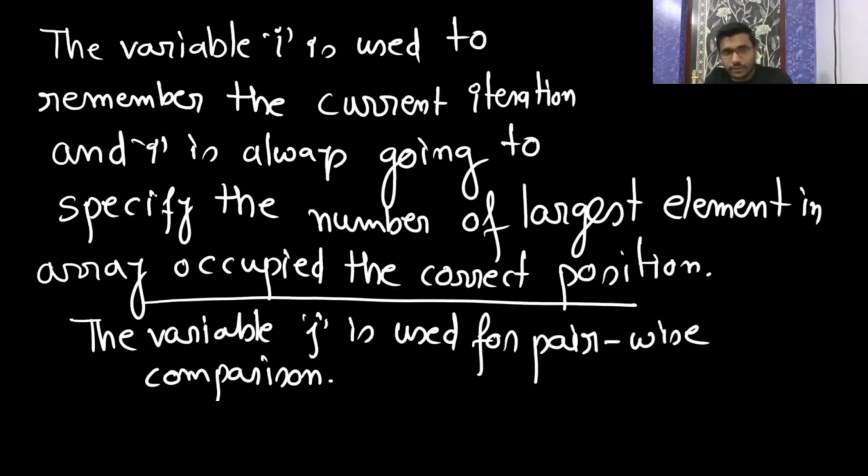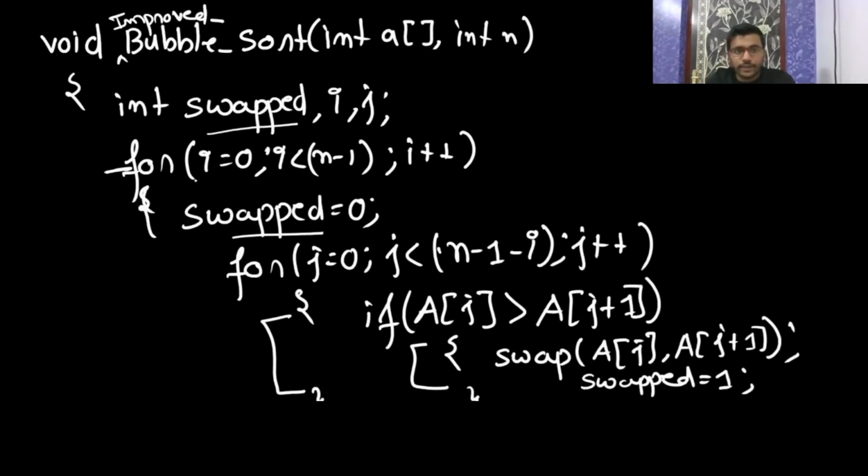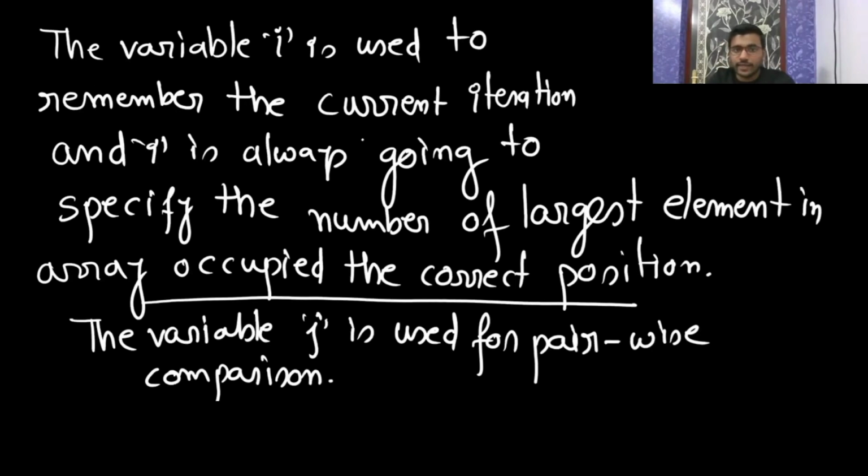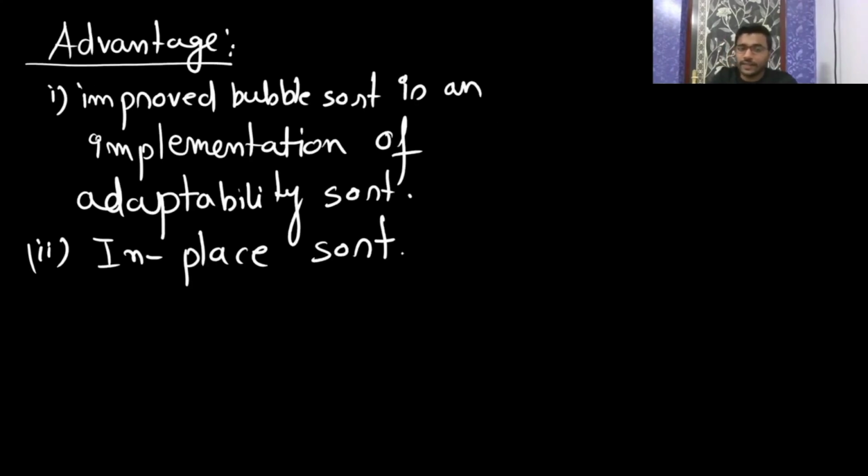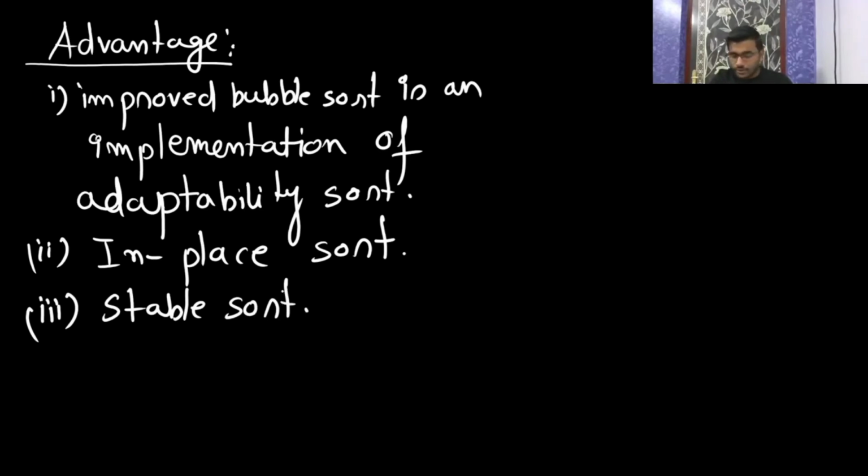No other variable, only you require swapped, i and j, this constant. So it is an in place sort, and stability is also there because you are maintaining the relative position. It is a stable sort. So it is an in place sort as well as a stable sort.